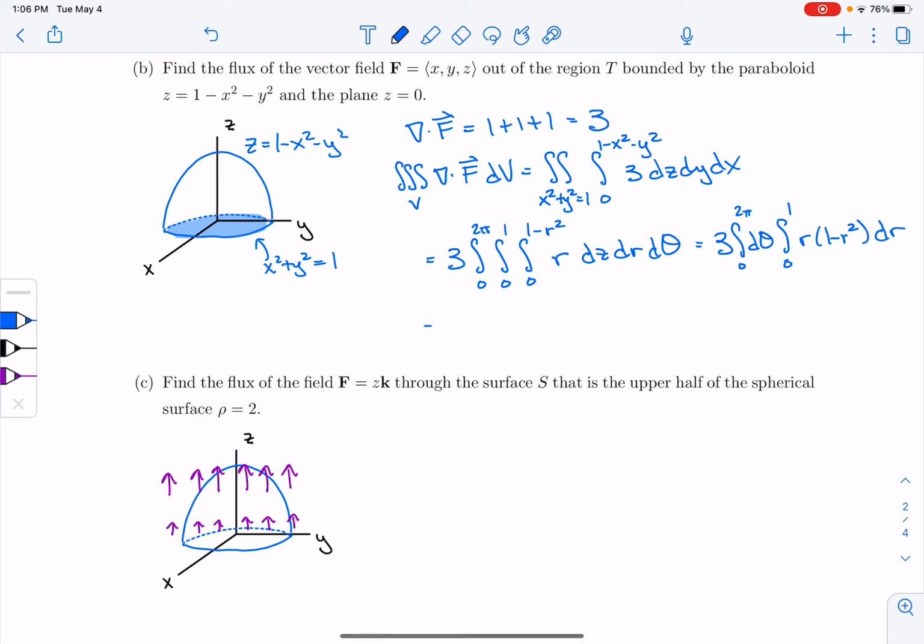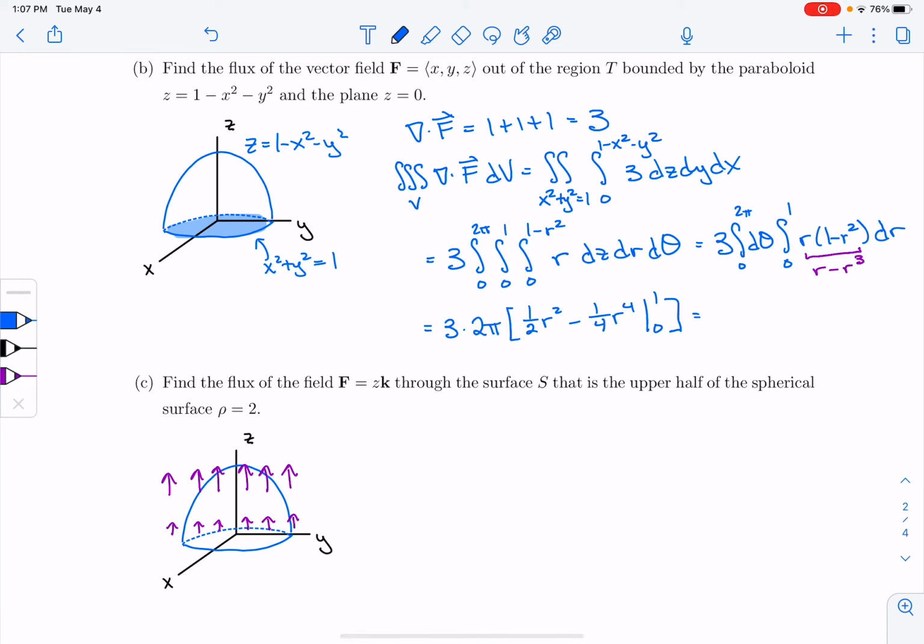So let's take it another step. Okay, so this will be 3 times the integral d theta, which is going to be 2 pi. Okay, I'm going to rewrite this part as r minus r cubed. So that when I integrate, I'm going to get 1/2 r squared minus 1/4 r to the 4th evaluated between 0 and 1.